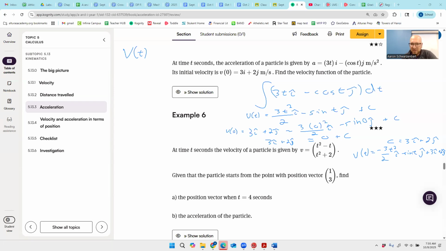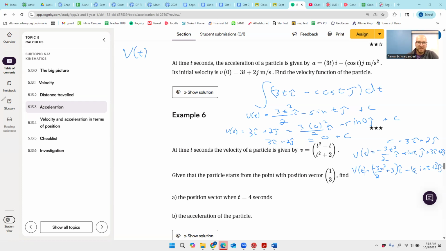Or here's how the book writes it. This is v of t. They're going to factor out the i hat, which I think I kind of like. They factor out the i hat and the j hat.